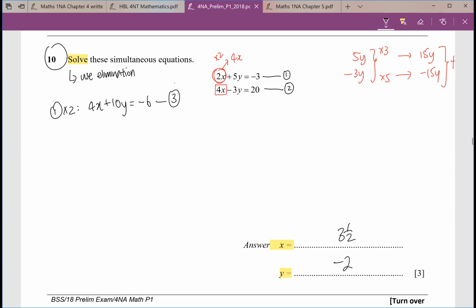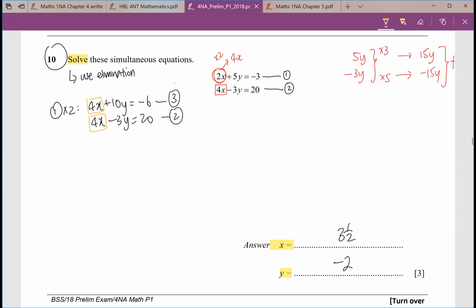Now I have two equations. I have my 4x plus 10y equals negative 6. I have my 4x minus 3y equals 20. Then what did I do next? Now my 4x is the same already. Where does the 3 come from?